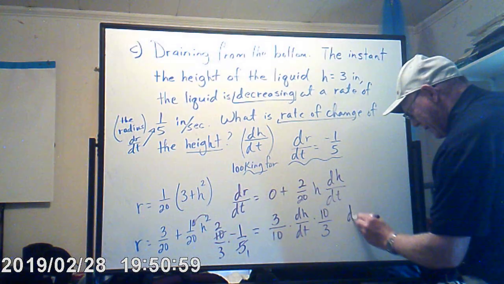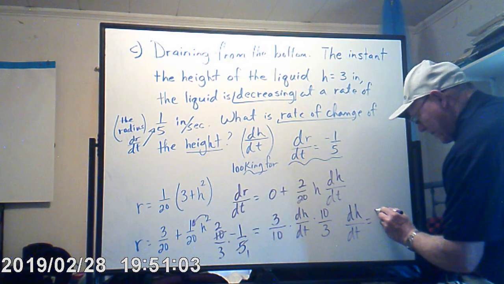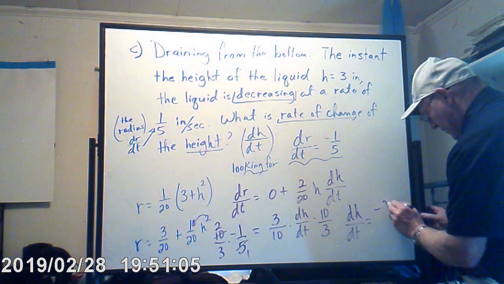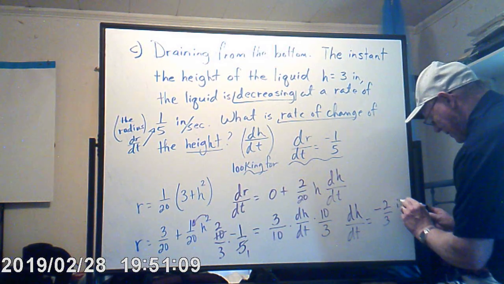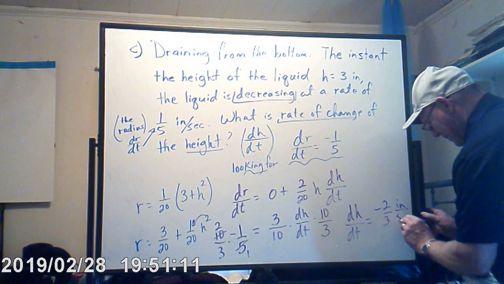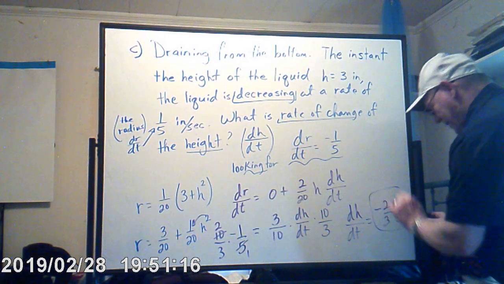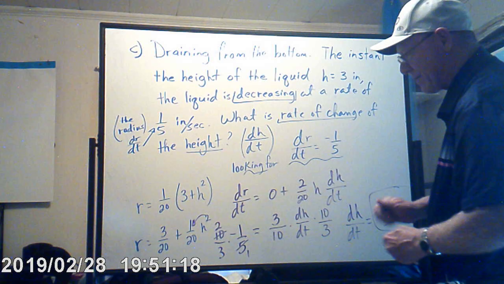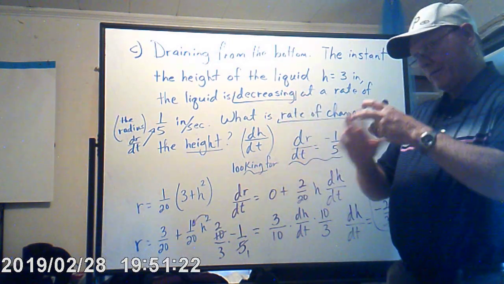So dh over dt is equal to negative 2/3. Now remember, we are talking about inches per second. Negative 2/3 inches per second. There it is. And it's got to be negative because your radius is decreasing.